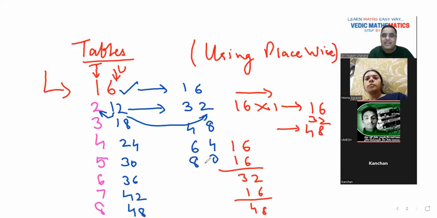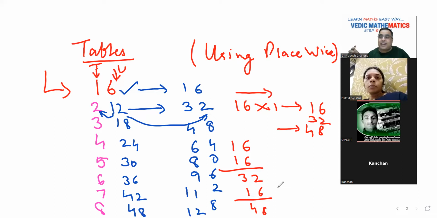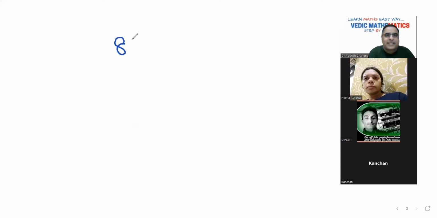So in this way, the pressure of remembering tables, cramming tables, or the pressure of adding bigger numbers together, that releases, because now there are no multiple carryovers.